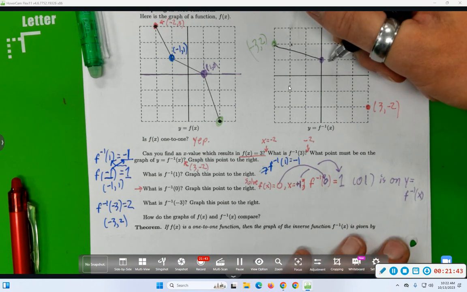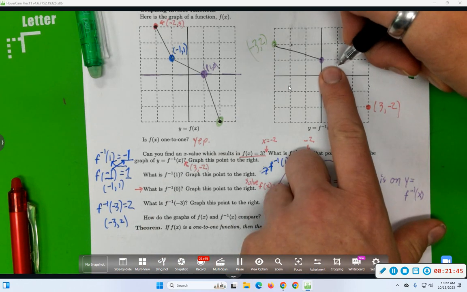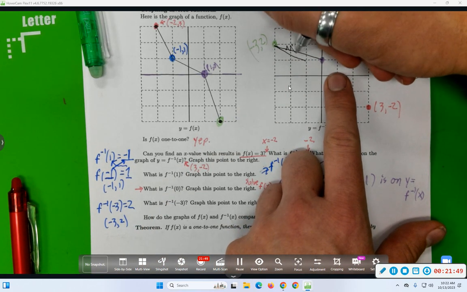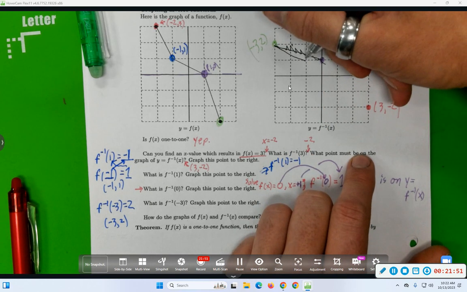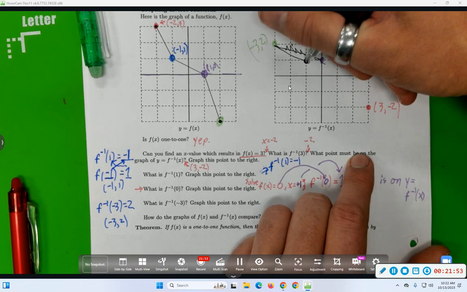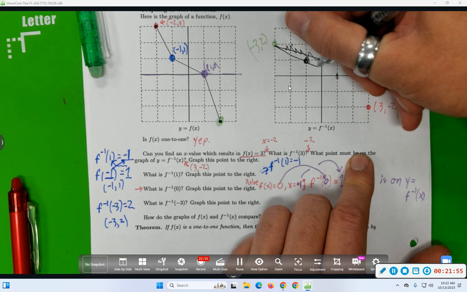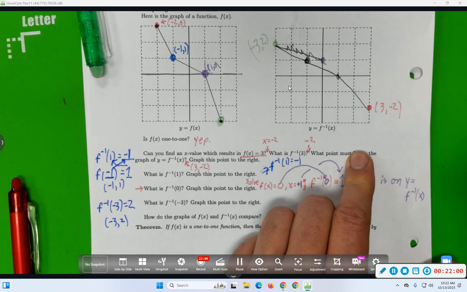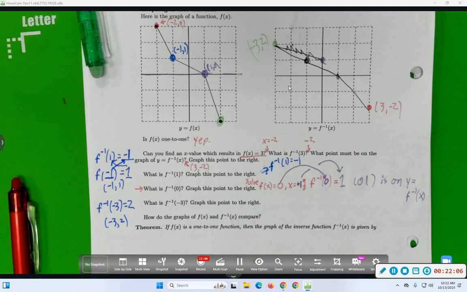All right. So 3, 2 to -1, 1, and I'm doing this in non-erasable pen for some reason, to 1, 0, to 3, 2. No, I'm still wrong, aren't I?